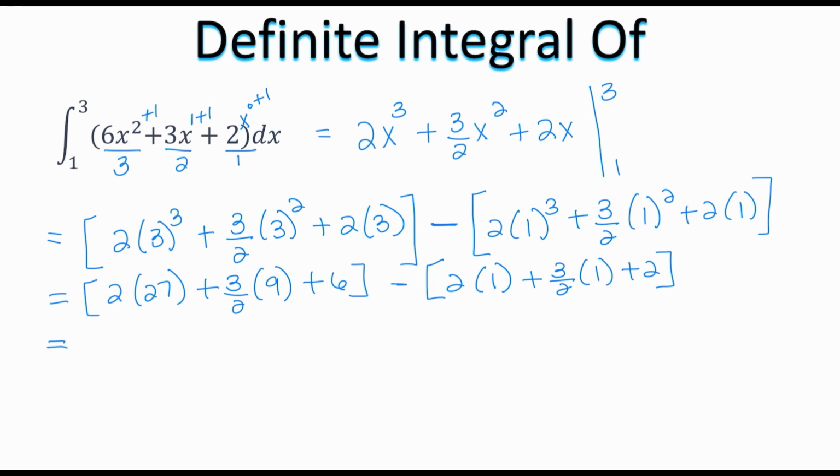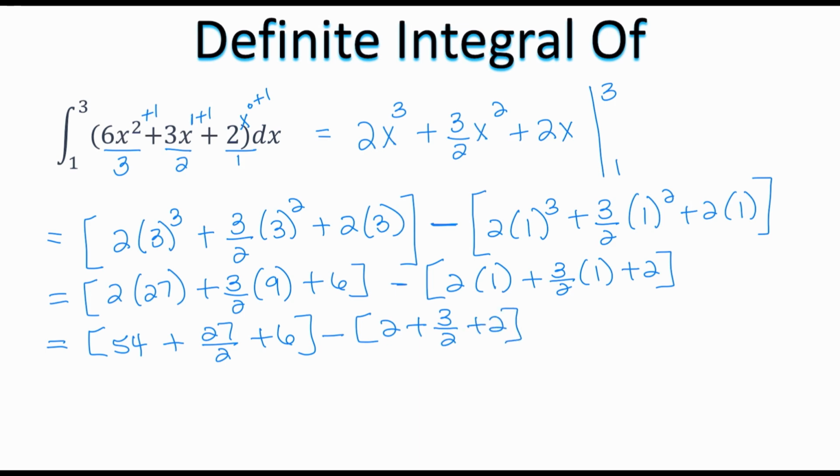So I get 54, because 2 times 27 is 54, plus 3 times 9 is 27, so this is 27 over 2, or you can write it as a decimal, 13.5, plus 6, minus 2 plus 3 over 2, or again, you can write that as 1.5 plus 2.